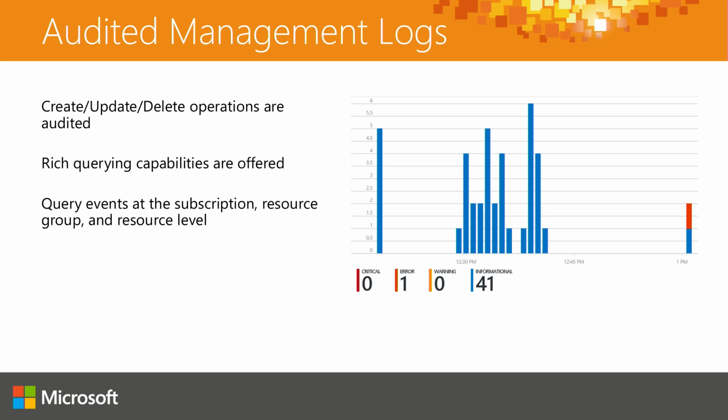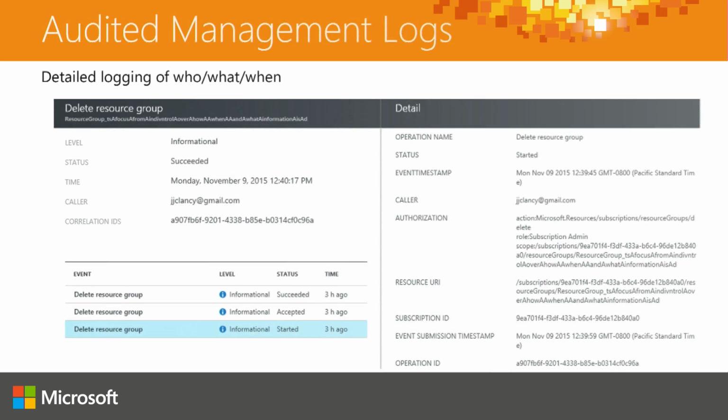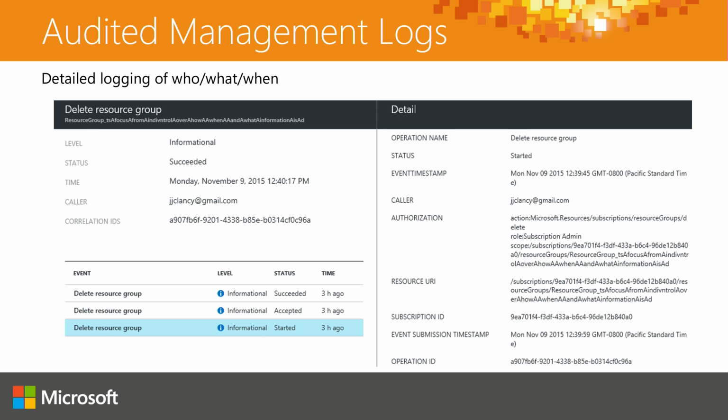So the portal is a great way of getting that, but you can get them with PowerShell as well. We're quite granular in what we tell you about what's going on. And in the failure case, there'll be a field that describes at the bottom level what went wrong, right? So if my deployment fails, not everything works. We can take a look and see the sort of base thing that went wrong.